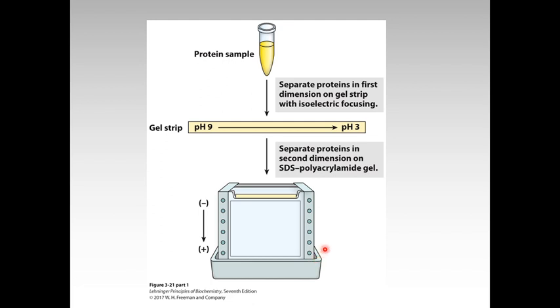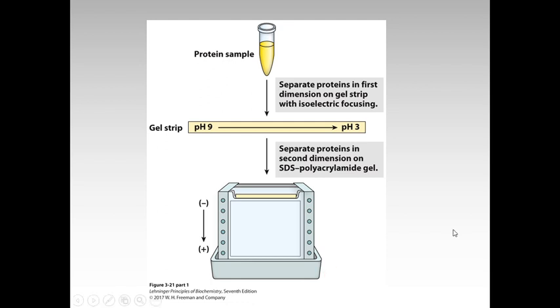Horizontal separation reflects differences in pI. Vertical separation reflects differences in molecular weight. So horizontally, it's the differences in pI, and vertically, it's the differences in molecular weight.